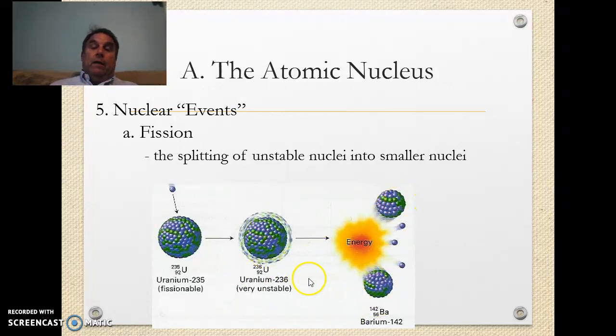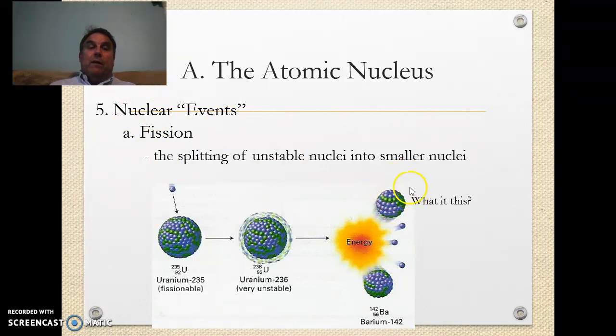Okay, now, if I give you all of this, I might ask you to figure out what this element is, and you should be able to do it. So if we start with uranium-238, and one of the products of the fission event is barium-142, what would the other product be? 92 minus 56 is, and that would tell you what this element is.